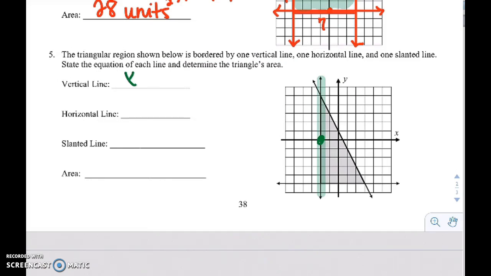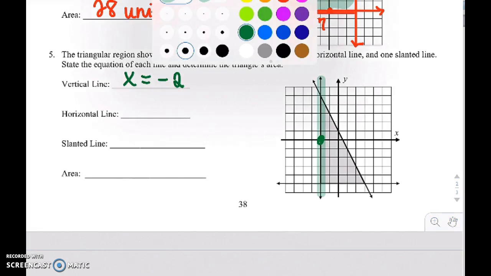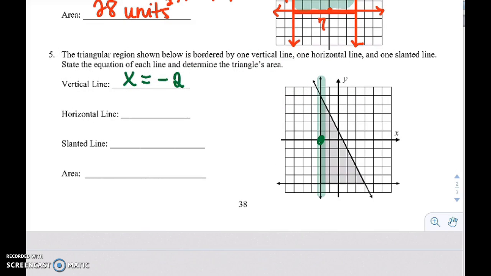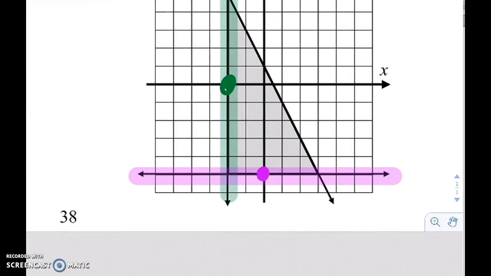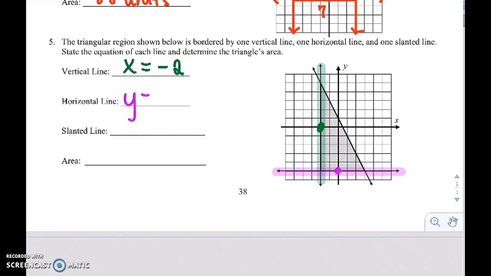So the vertical line is x equals negative 2. Where is your horizontal line? I'm going to do that one in purple. That's down here. Where does that intersect the y-axis? At negative 5. So that line is y equals -5.